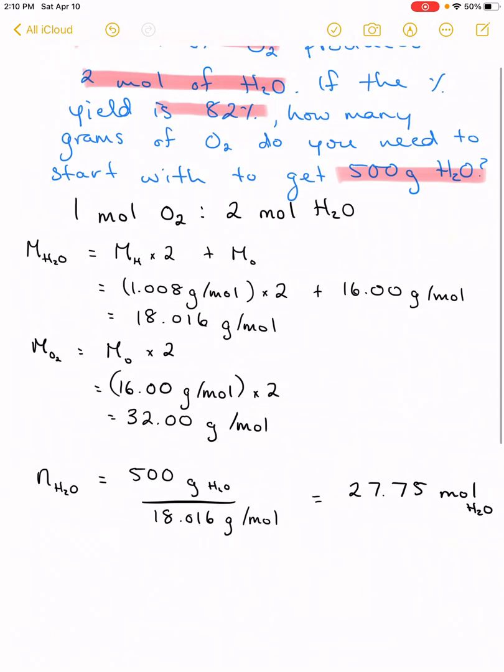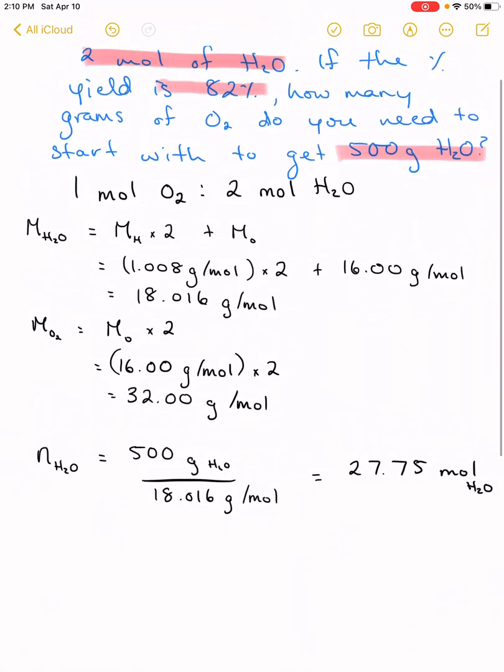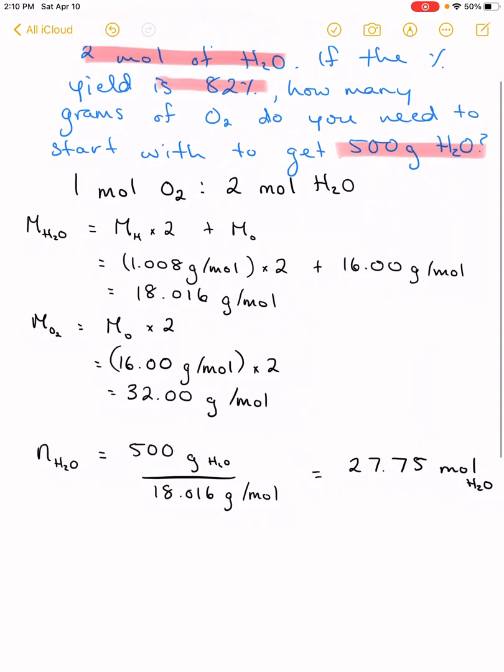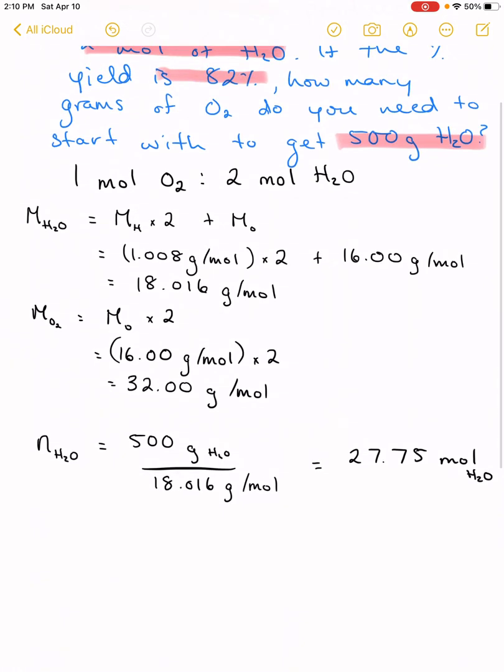The other trick here is that the percentage yield for this reaction is not 100%, it's only 82%. So if we're looking for the number of grams of oxygen that we need to react, we know that we're going to need enough to account for that 82% percentage yield. So you can do this one of two ways.